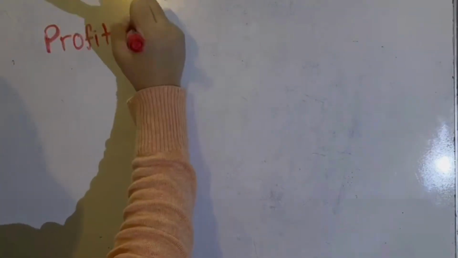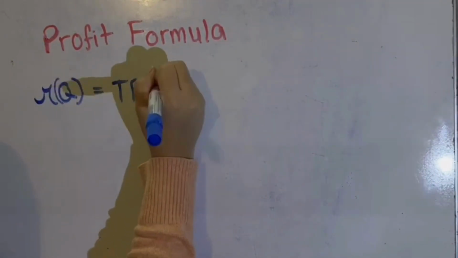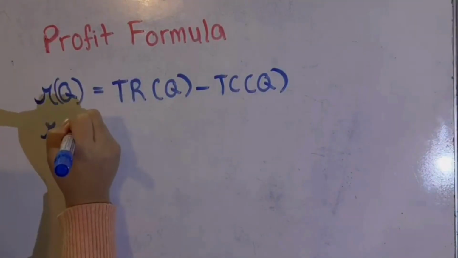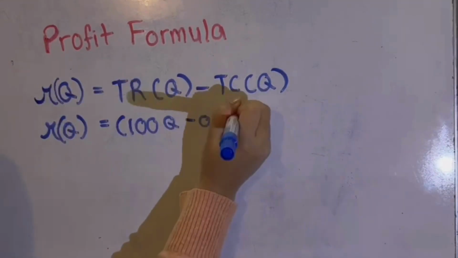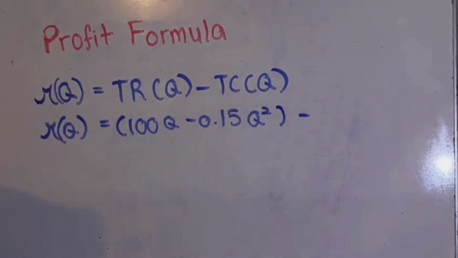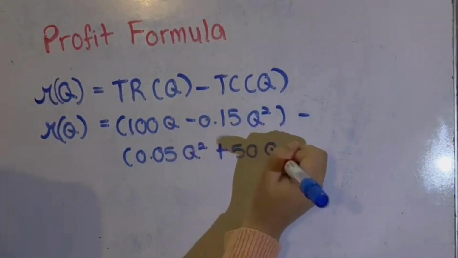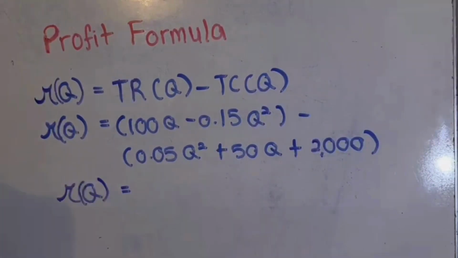Profit is defined as total revenue minus total cost. So, the profit function is written as profit of Q equals total revenue minus total cost. By substituting both equations, profit of Q equals 100Q minus 0.15Q squared minus (0.05Q squared plus 50Q plus 2000).